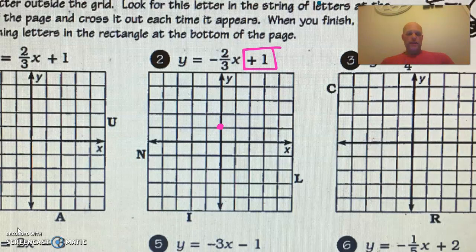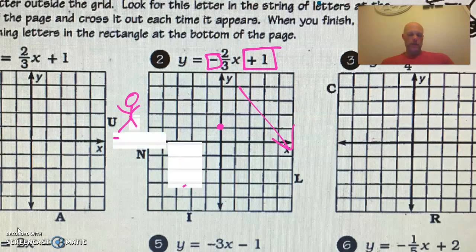Then it is a negative slope, right? So if a person is walking this way and gets to something going down, it would be that way. So our line is going to be going in that direction, like it's going downhill.